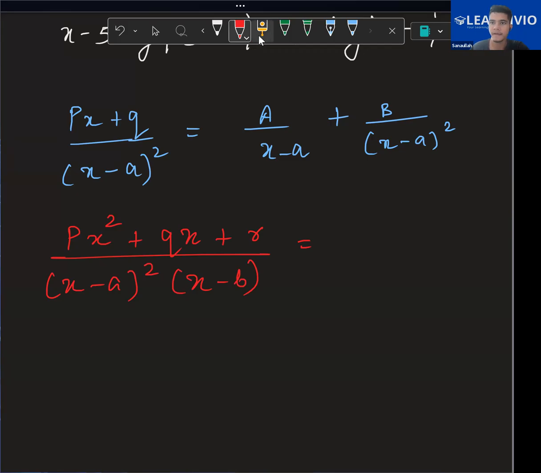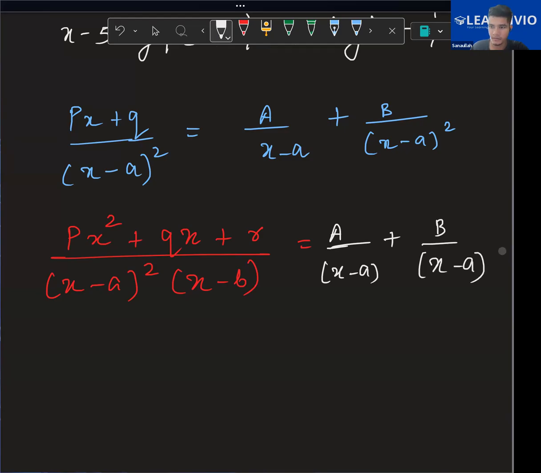You will write it as a upon x minus a plus b upon x minus a whole square. First of all, you have to do this: for x minus a whole square, you will write x minus a and then x minus a whole square as well.